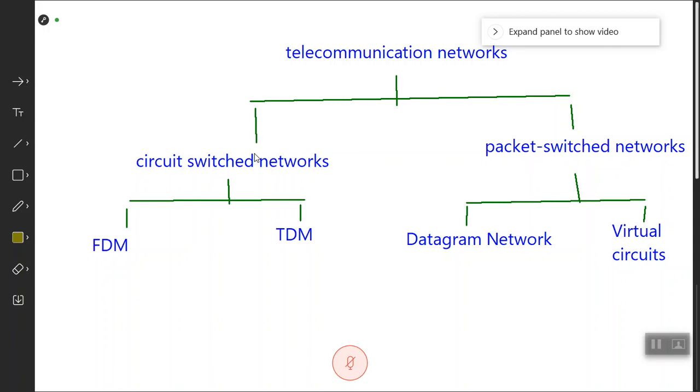This is the summary of what we have discussed till now: circuit switching and packet switching, circuit switching using FDM and TDM, packet switching using datagram networks and virtual circuits.